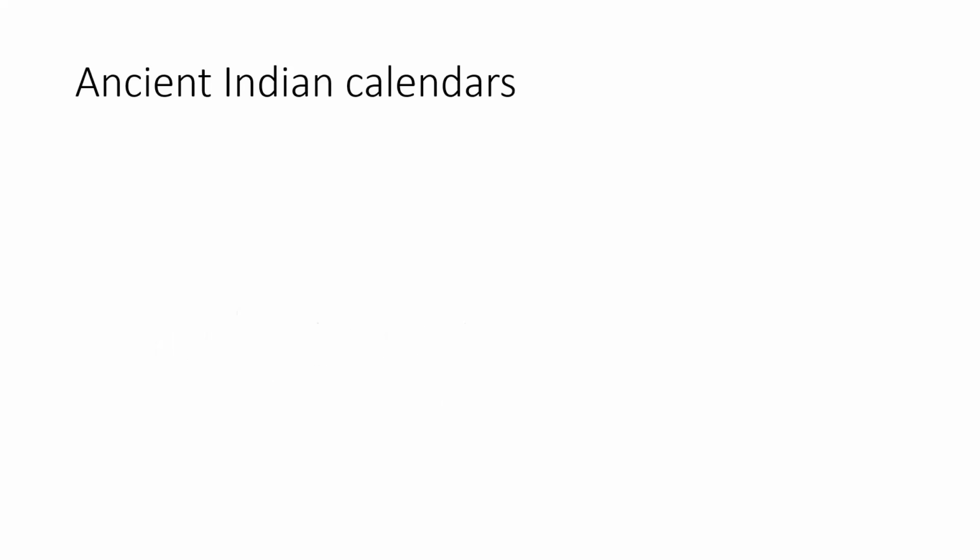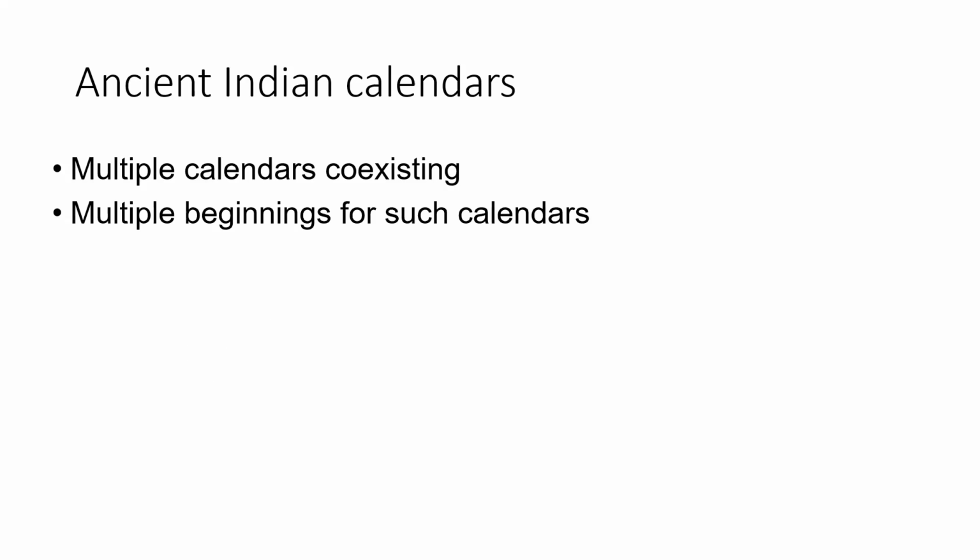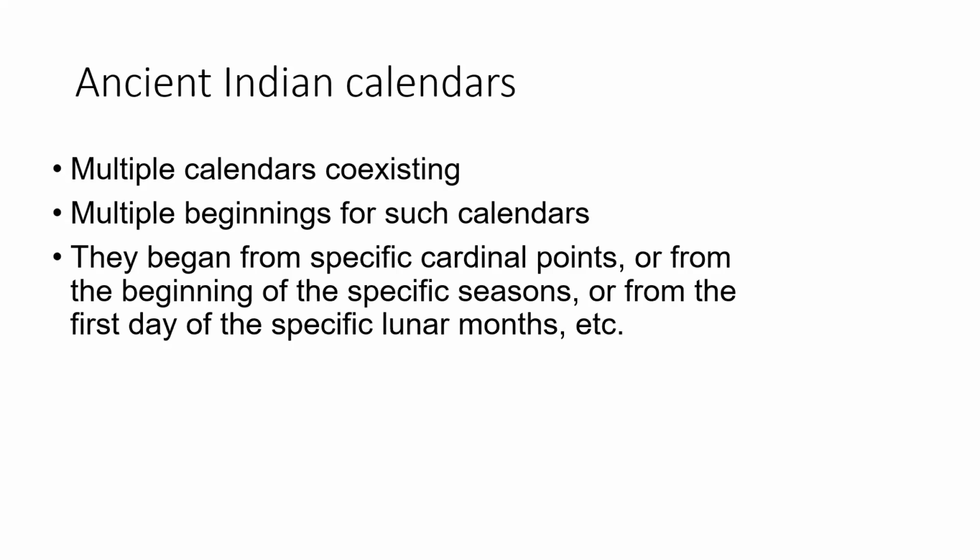In ancient Indian times, there were multiple different calendars for different purposes existing and actually coexisting at any given time. Now, these calendars had multiple beginnings because there were multiple calendars, and these beginnings again had a specific purpose.